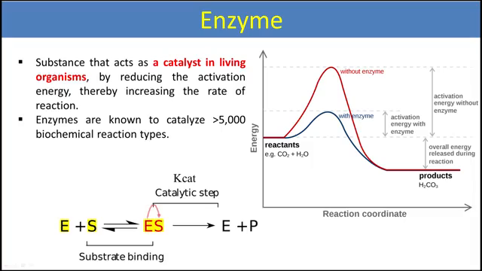This enzyme assists and facilitates the biochemical transformation of substrate into product. This catalytic step, I'm not going to go into in detail. The kcat, catalytic power, can be hugely increased.